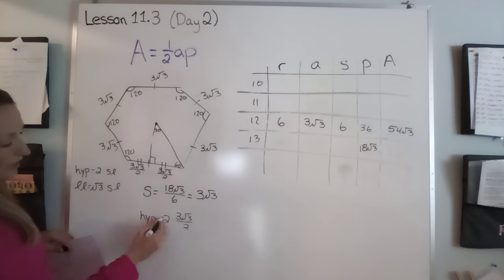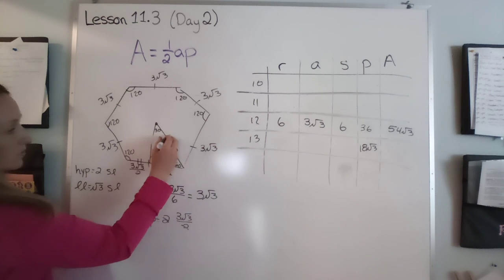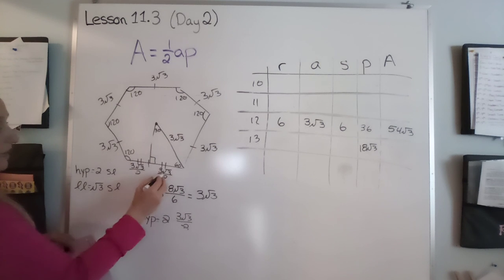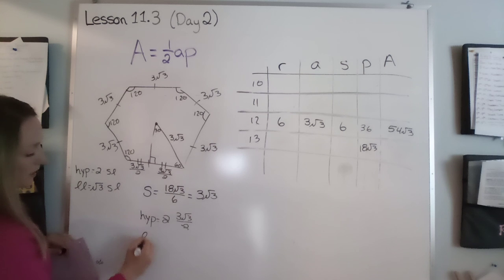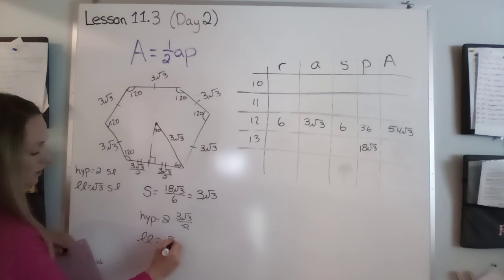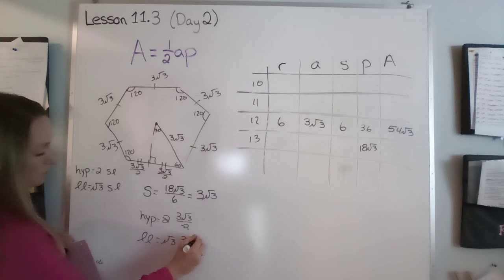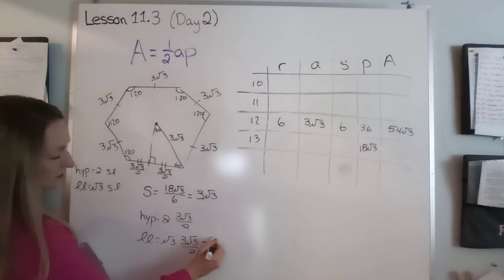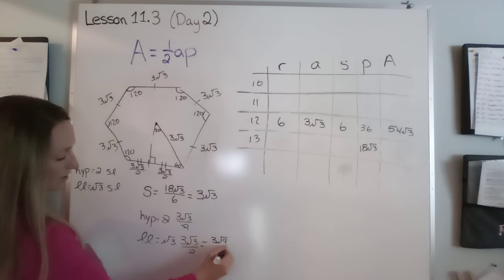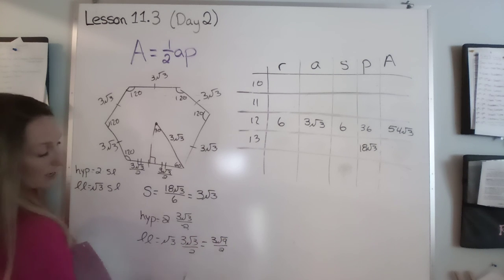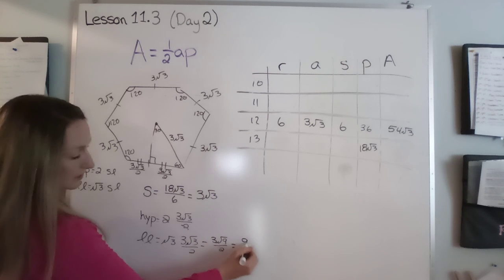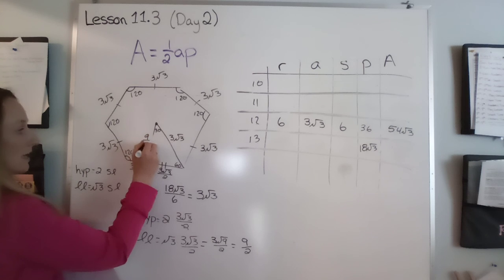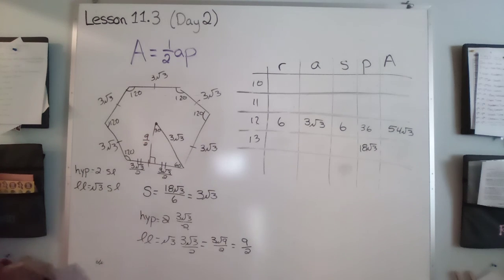When you multiply, cross simplify, you're just left with 3 root 3 for the hypotenuse. To get the long leg, you take the short leg and multiply by root 3. So long leg is equal to root 3 times 3 root 3 over 2. The root 3's multiply, so that's going to be 3 root 9 over 2. Root 9 is 3, so that's just going to be 9 over 2. Okay, that's this piece here. And I think that's all I need to figure out the rest of my table.